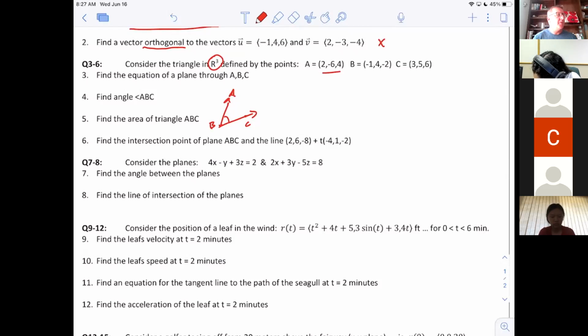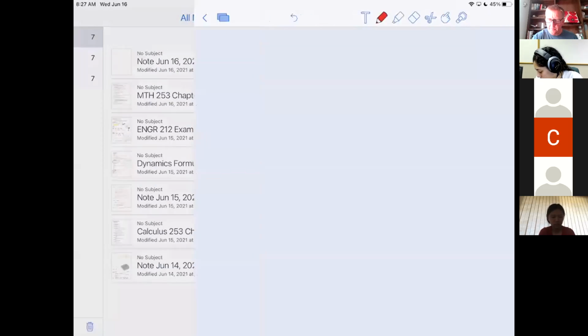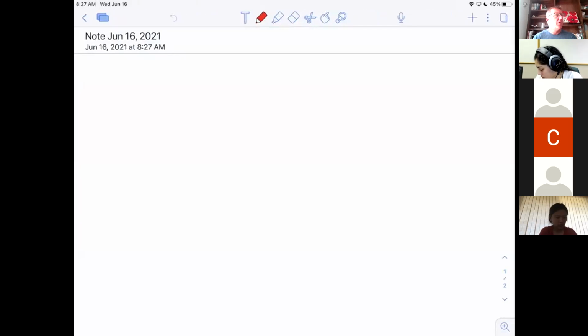So I'm going to share the screen. I just need a piece of paper. Kind of don't want to change that leaf back to a seagull. That's kind of fun. I like that. I should just leave that there.